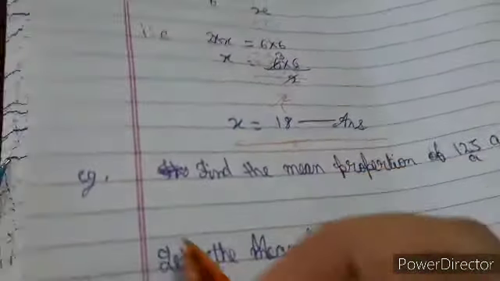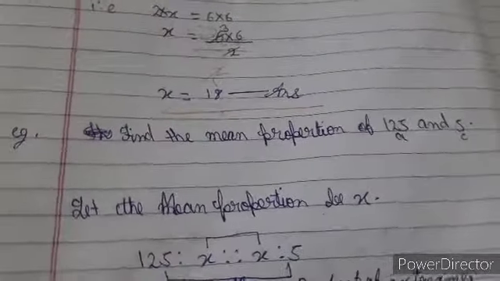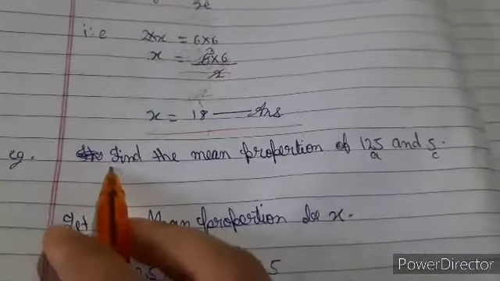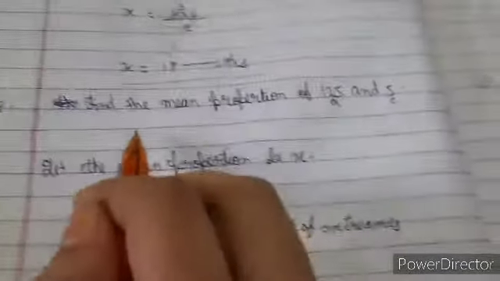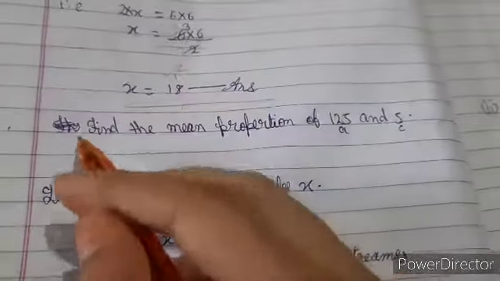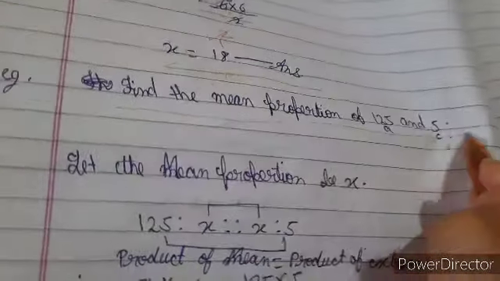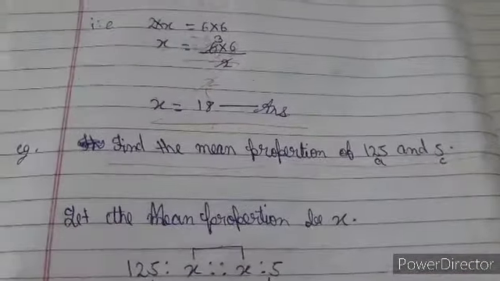It is very simple. If you understand and see this video very nicely, I think you all will understand. Now the fourth example also: find the mean proportion. You have not understood what mean is now.